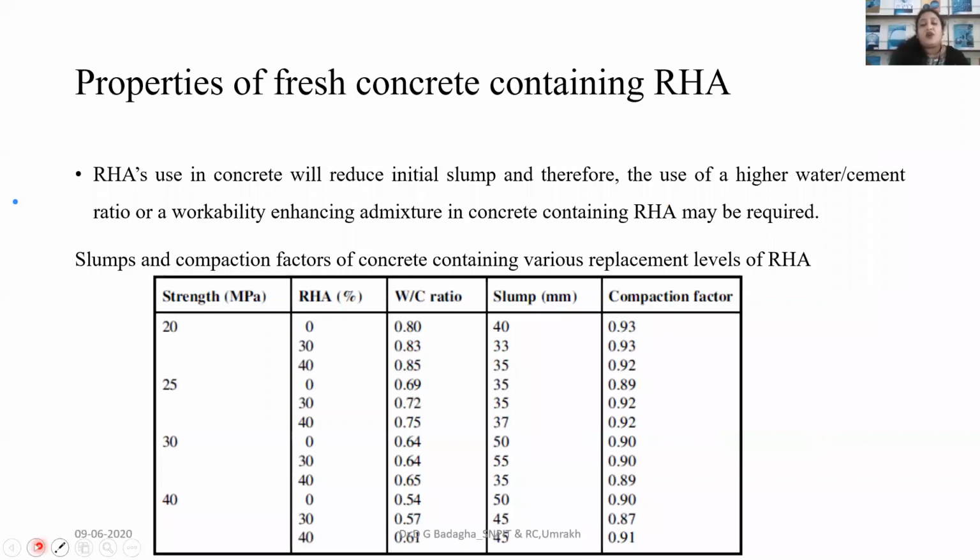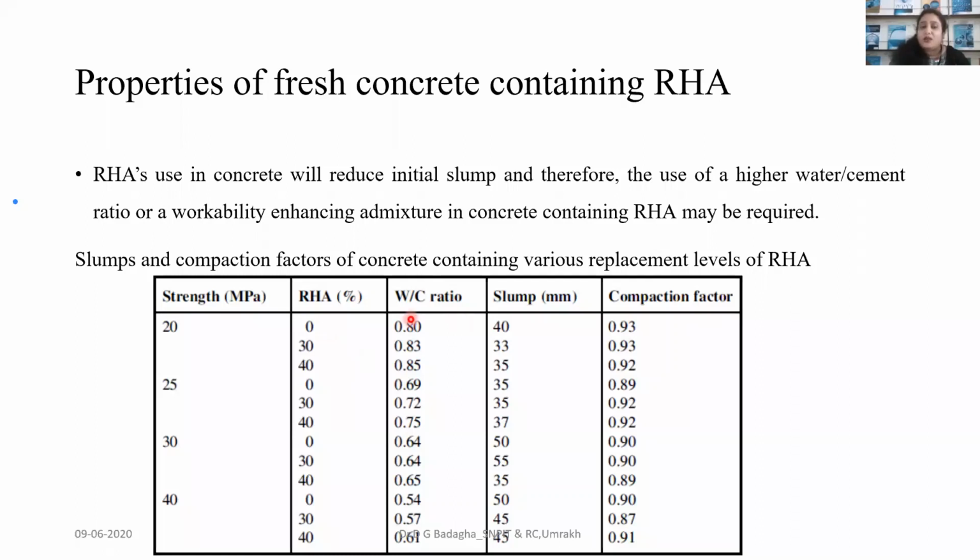Here, only for your reference, I put one table from a researcher's paper for your knowledge enhancement, because we have a book and some specific basic idea, but only when you deal with actual ongoing practice can you understand the exact benefit of that advanced material. Here you can see different strengths and different RHA percentages. If 0, it means 100% cement.